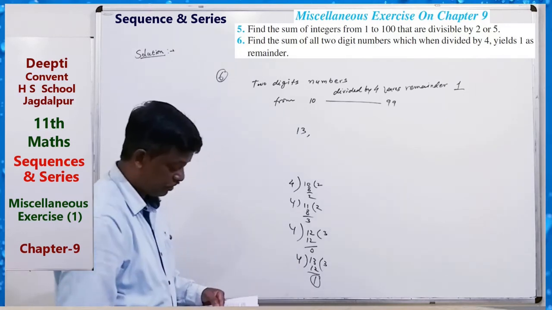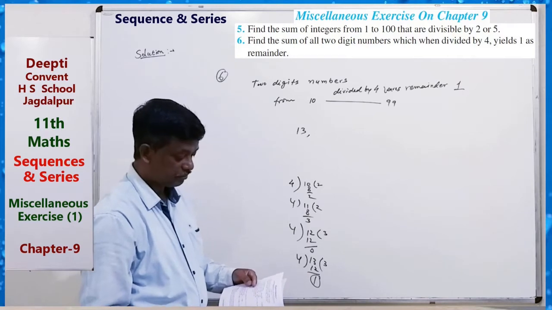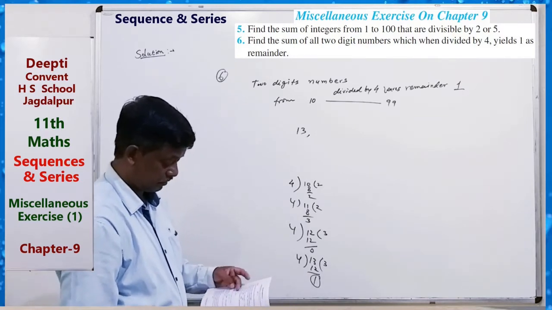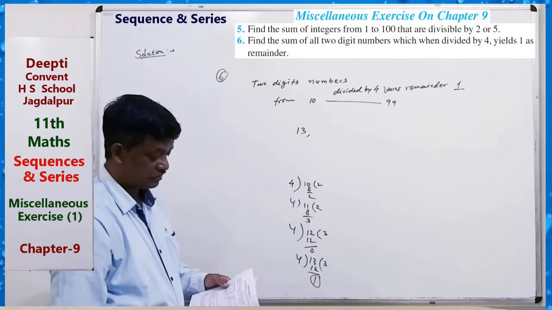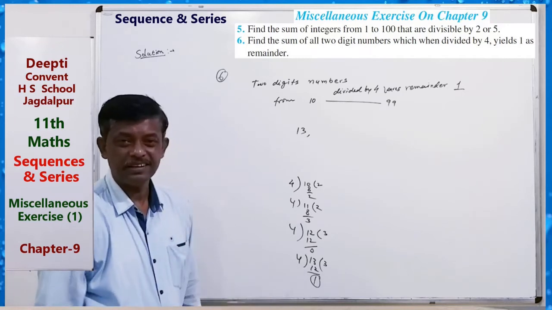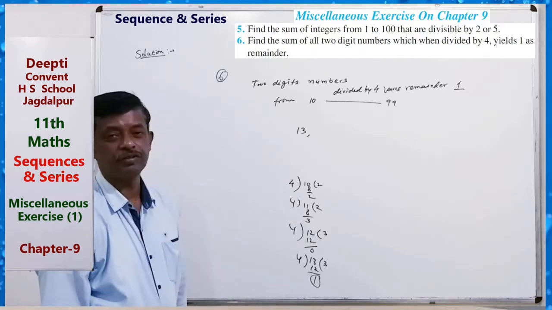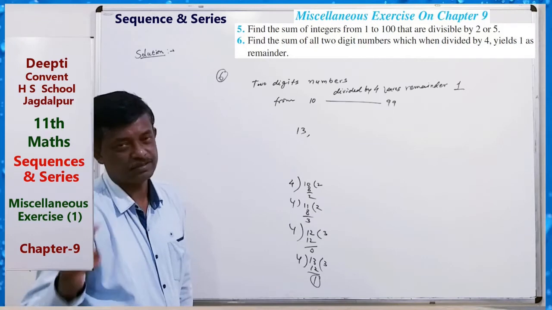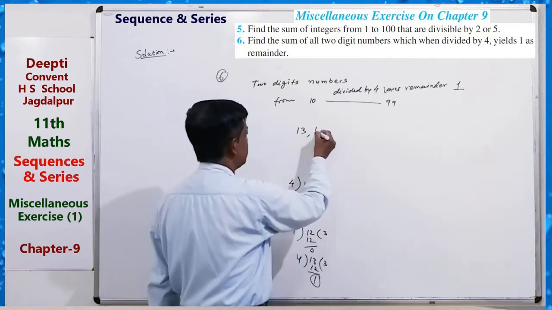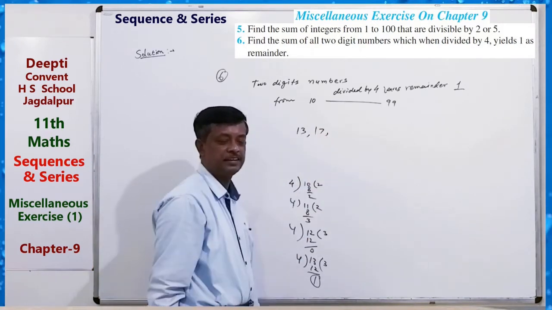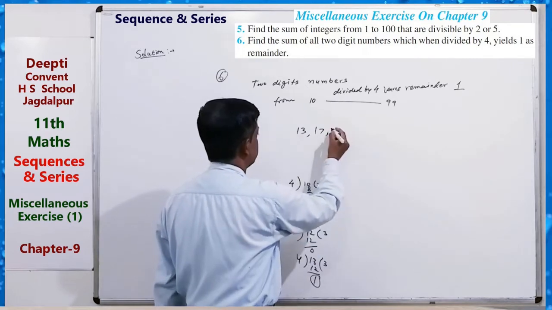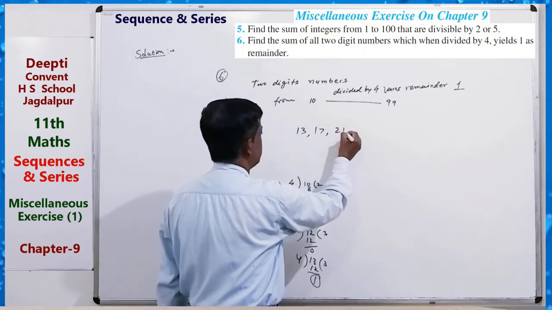The second number will be what? 17. 4 into 4 is 16, 17 minus 1 is 16. So 17. And then 21.